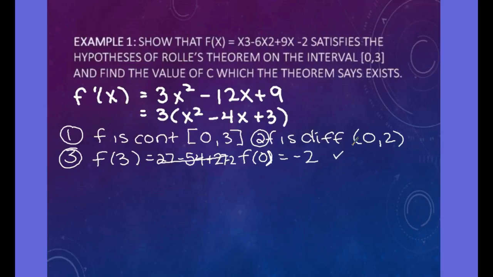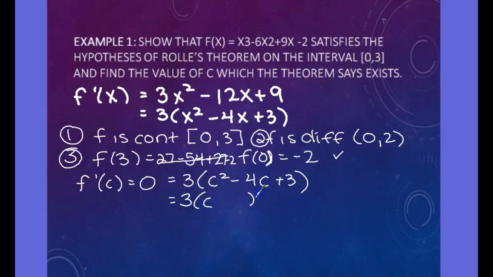So that means that in conclusion, I can guarantee there is a value for c such that f prime of c equals 0, which means that 3 times c squared minus 4c plus 3 equals 0. So I can factor. So I have -3 and -1.